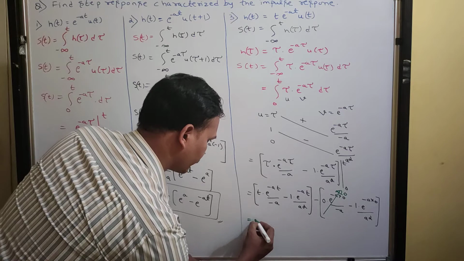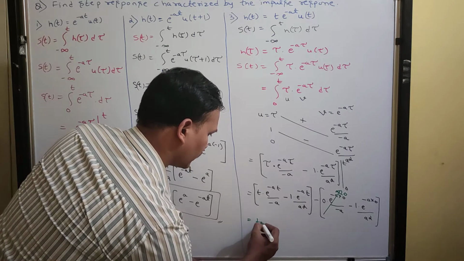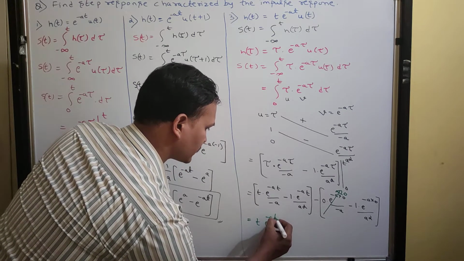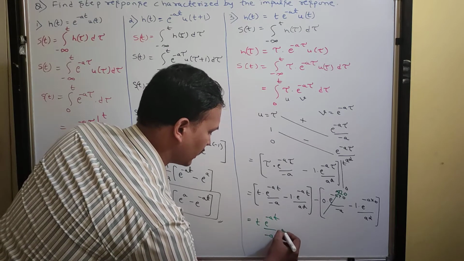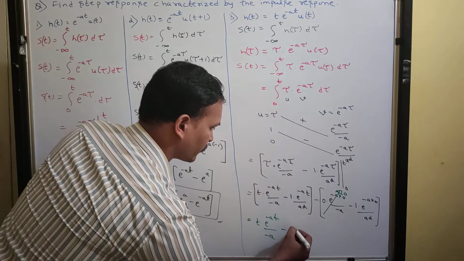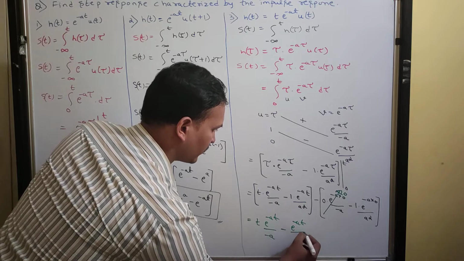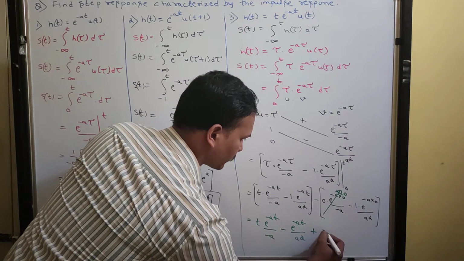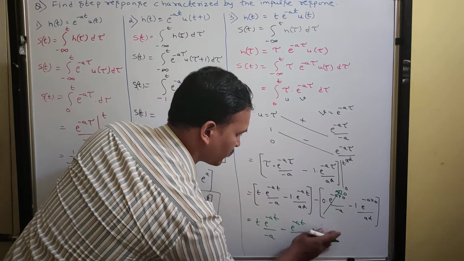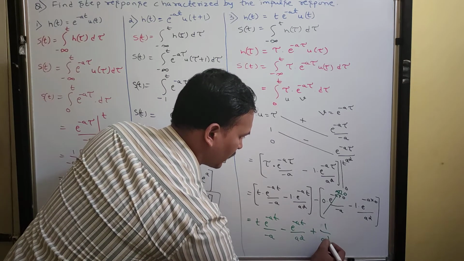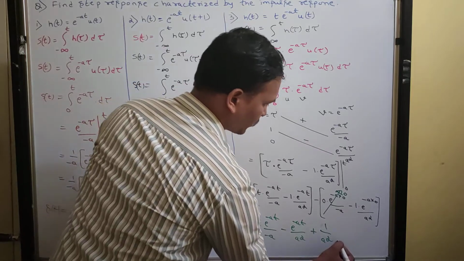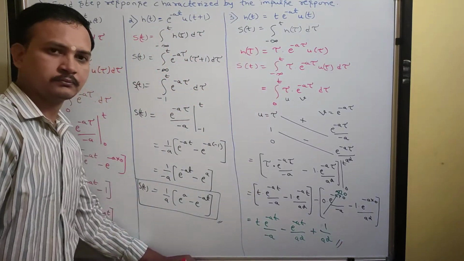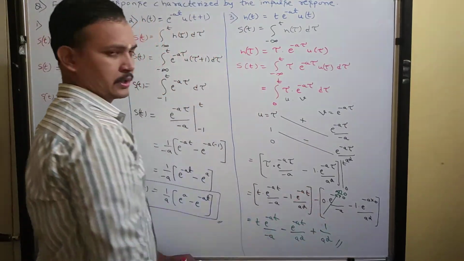So the next step we can write t e power minus at by minus a, and minus e to the power of minus at by a square, minus into minus plus 1 by a square. So this is the final answer for this question.